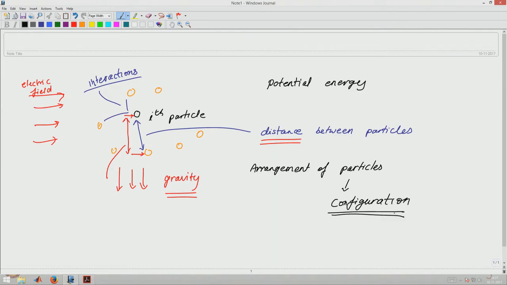So, therefore, configuration is very important in determining the potential energy, because configuration, which implies the distance between various interacting particles, will determine how much is the interaction energy between these interacting particles.